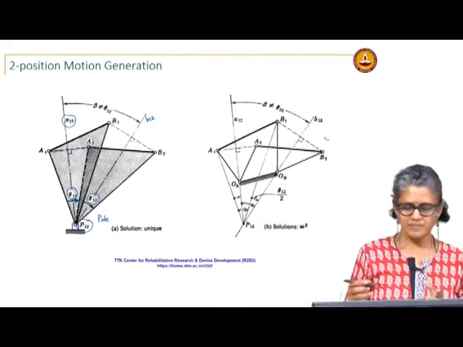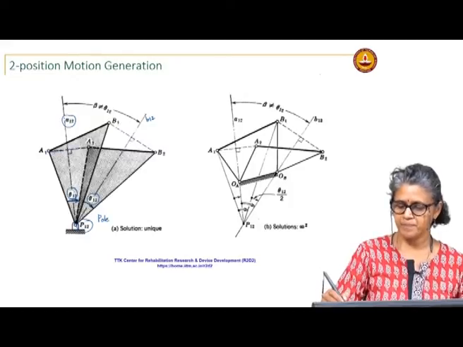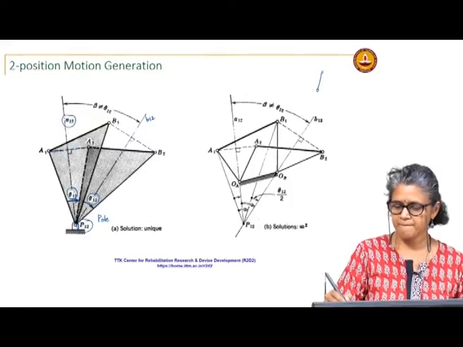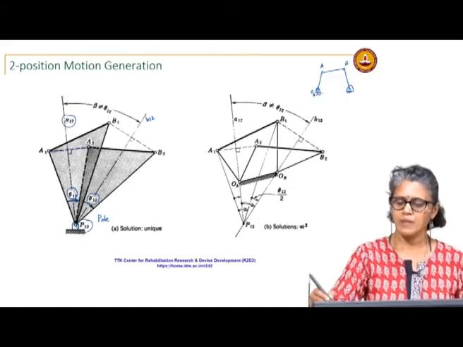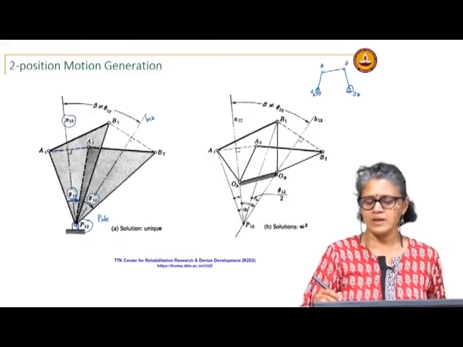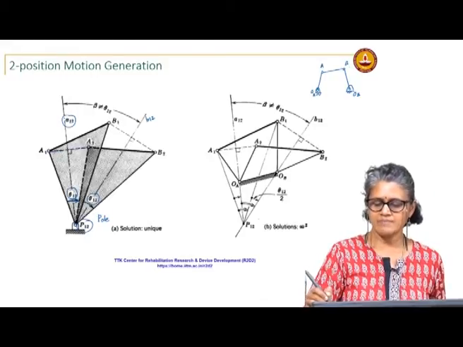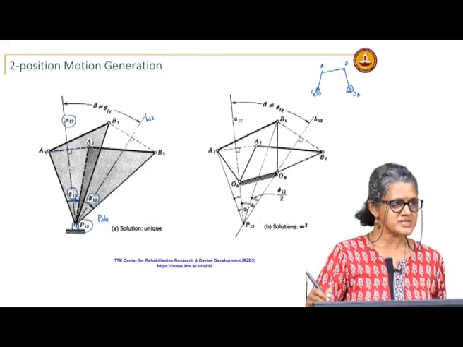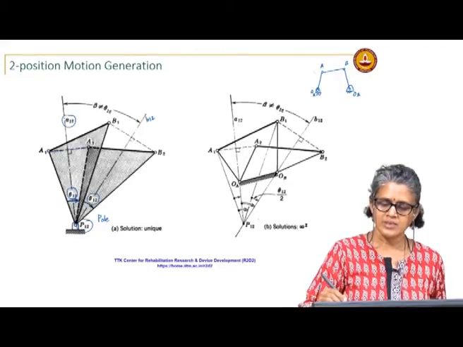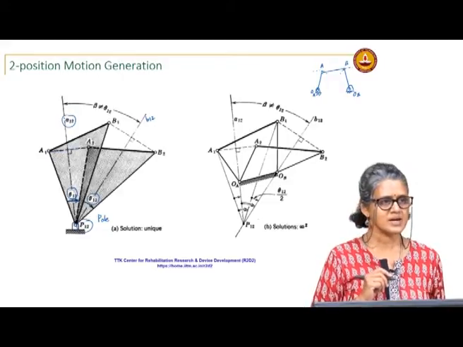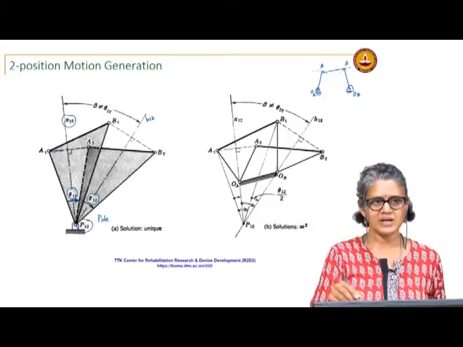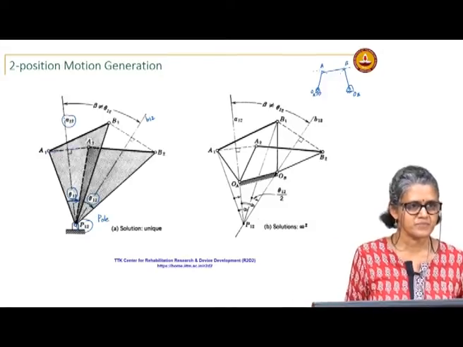You see here, if you look at a 4 bar, this link OAA and OBB are pivoted about fixed pivots. So, these A traces an arc, B traces an arc centered at the respective fixed pivots. Okay.